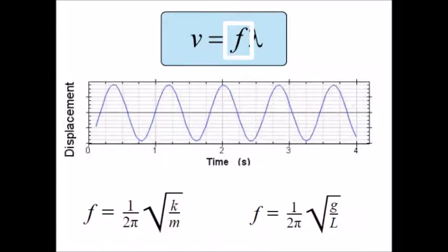The frequency of the wave, what does that depend on? We already told you. It depends on, for the spring mass system, the mass and the spring constant or the spring stiffness. For the pendulum system, it depends on the acceleration due to gravity and the length of the string. The frequency of the wave depends on the source of the wave. That simple harmonic motion stuff, those were the sources of waves. Hit a drum.